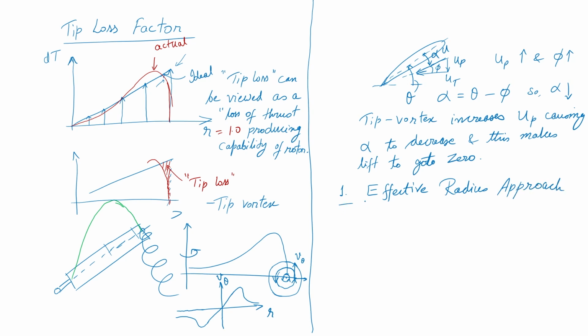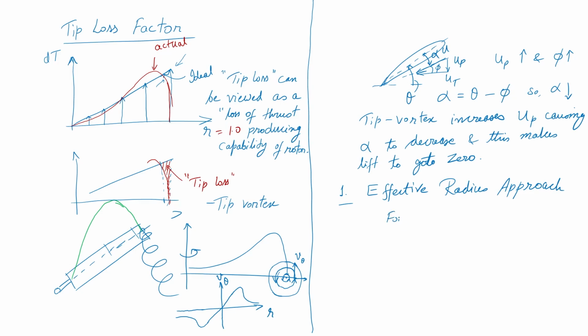The idea is that to account for this lost lift, we say that my rotor radius is scaled down by a factor, because my thrust is coming down here. So I will say my radius is only so much, so that for a rotor with no tip loss, I only take lift up to the point which gives me a meaningful answer compared to a real rotor system. So it is called the effective radius approach.